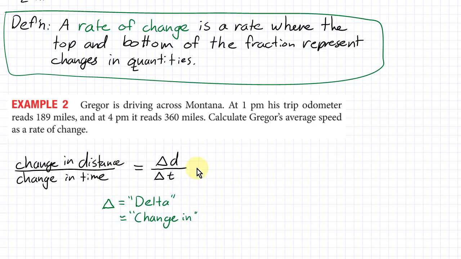And let's see, how can we calculate the change in the distance and the change in the time? Well, the change in the distance is going to be how far he went. The difference between his current odometer and where it started at. So if you went from 189 miles to 360 miles, the change in that is what you get when you subtract those.